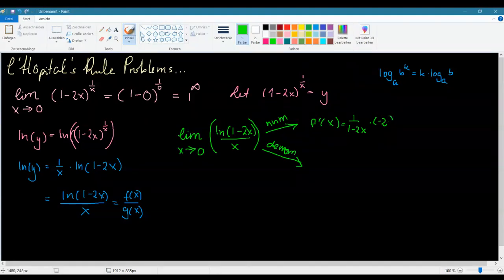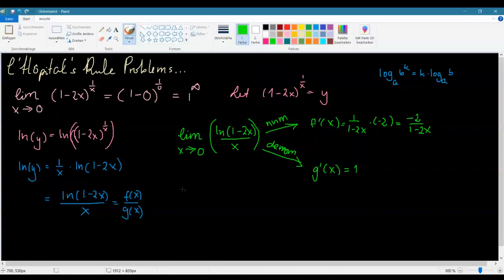So that's going to equal negative 2 over (1 minus 2x). Can I simplify that any further? Actually, it's not going to matter, because when I take the derivative of x, that's going to be 1. So this is just going to be this over 1.